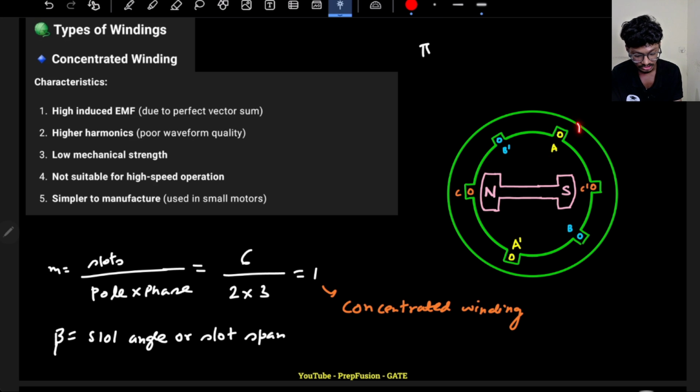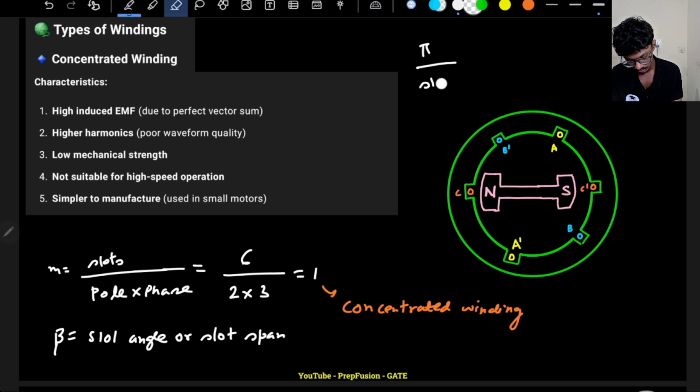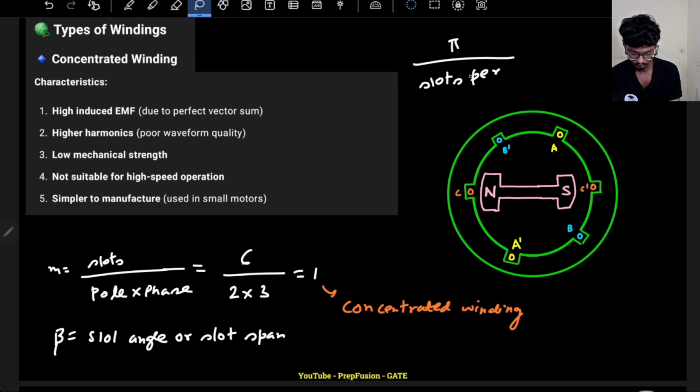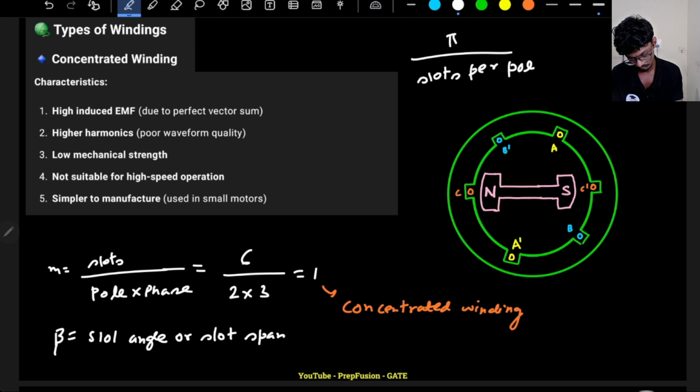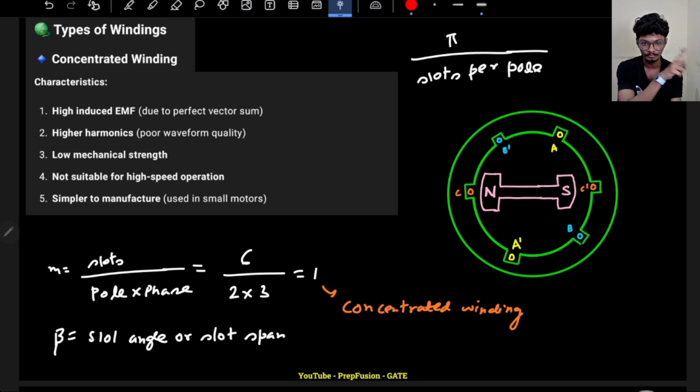And if I am able to find out the slots per pole, what each pole is covering, and divide by that, that will give me the angular displacement between each slot.